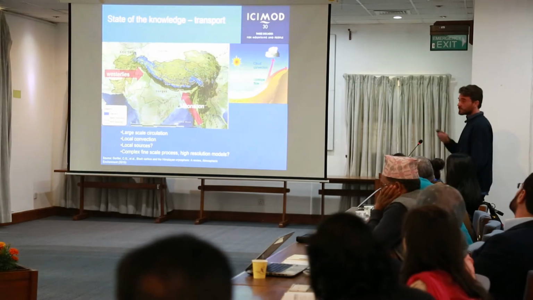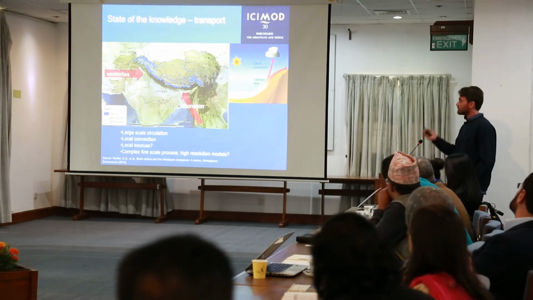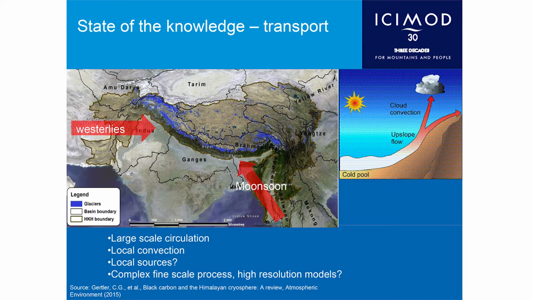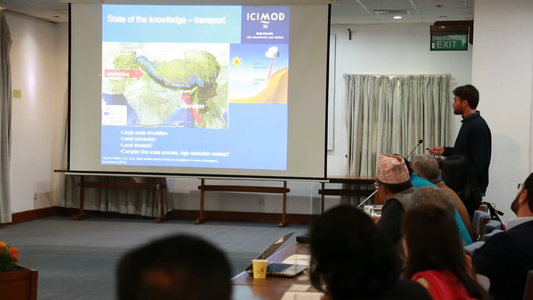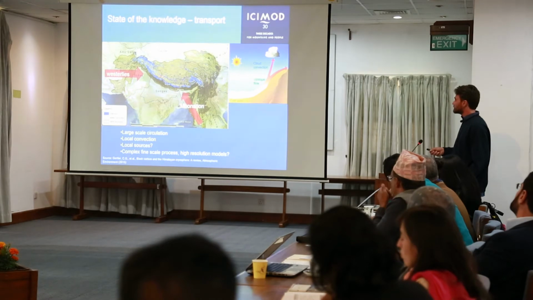How can we explain this pattern of monsoon deposition, monsoon no deposition and more deposition just before the monsoon? So you have to understand a little bit how the circulation is around the Himalayas. In the winter, you have more predominant westerlies, so big winds coming from the west that drive all the pollution in the Ganges up to the mountains.